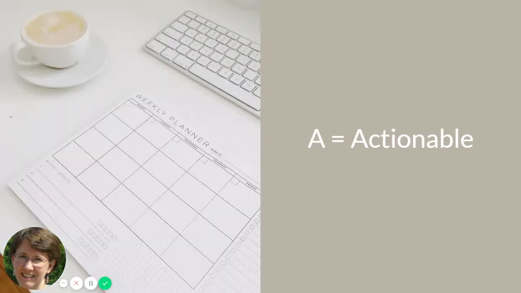Okay, so the A stands for actionable. Now, is your goal actionable? What will you do to achieve your goal? In other words, this is what you're going to do. Will you work 30 minutes a day to achieve that goal? Will you only work on Monday, Wednesday, Fridays after the kids are in bed? Do you have a time period that you can work?